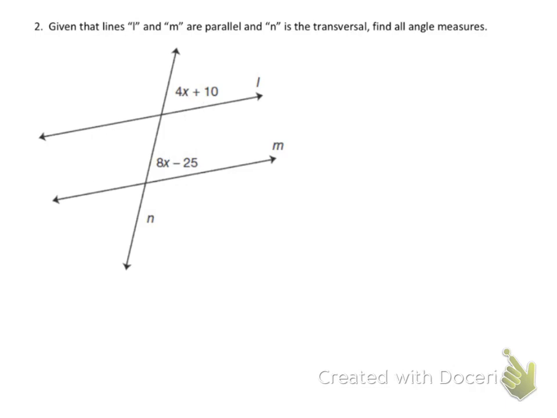They represent the same angle. That means they're the same value. So can't I set them equal to each other? Isn't 4x plus 10 equal to 8x minus 25? Yeah. And then I solve it. That's fairly simple to do. But you had to realize that these are corresponding angles, and corresponding angles are the same.